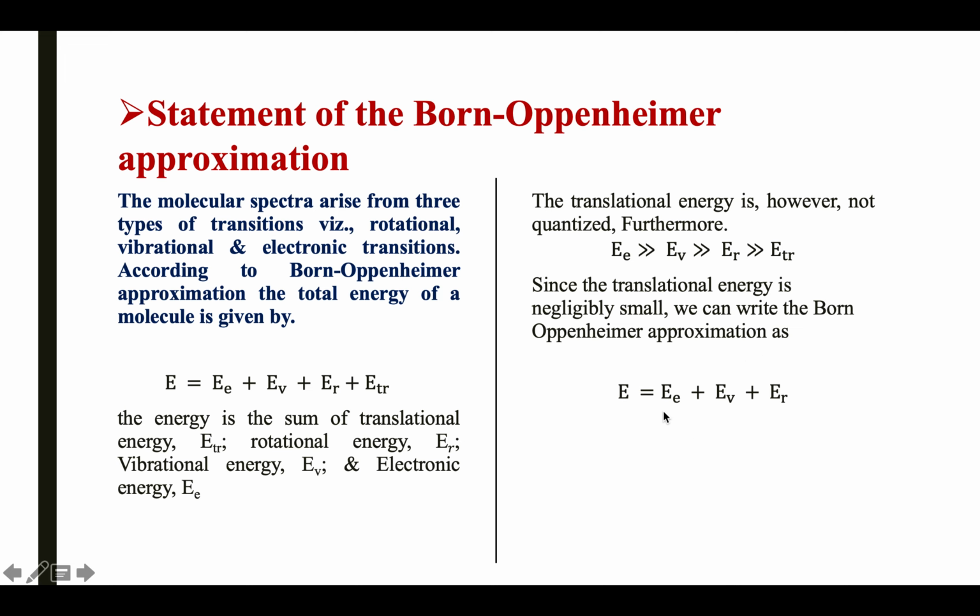The translational term is eliminated, so we have taken it as 0. The remaining equation is E equals EE plus EV plus ER, that is electronic energy plus vibrational energy plus rotational energy. If you sum all these three, you will get the total energy of the molecule. This is the Born-Oppenheimer approximation.